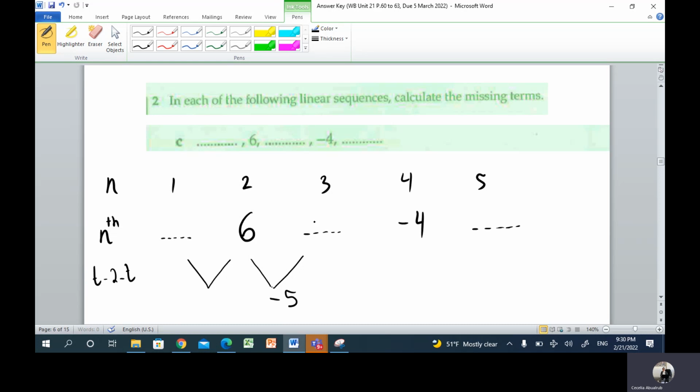So 6 minus 5, the answer here is 1, and 1 minus 5, the answer will be -4. Bravo. -4 minus 5, the answer will be -9.